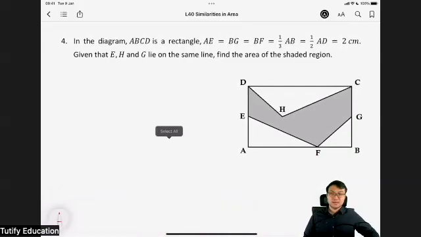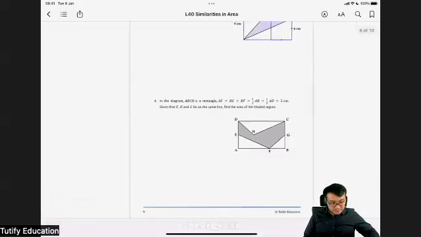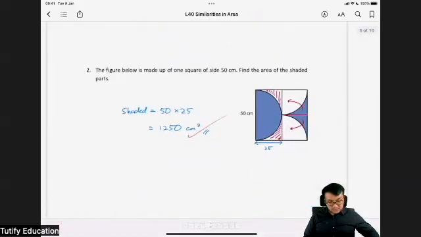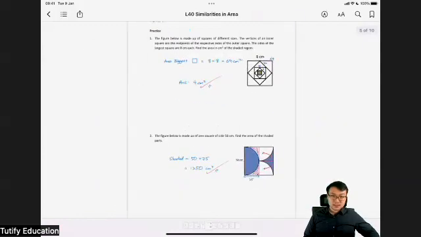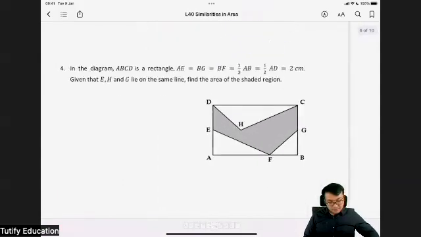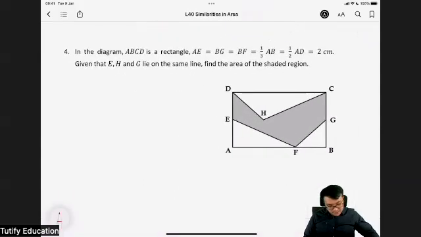Okay, look at that shaded part. They want you to find the shaded part. Now, again, students, remember the previous question that we did? We actually moved the shaded part to fill up the empty space. We can do the same here. What if I draw a line here?